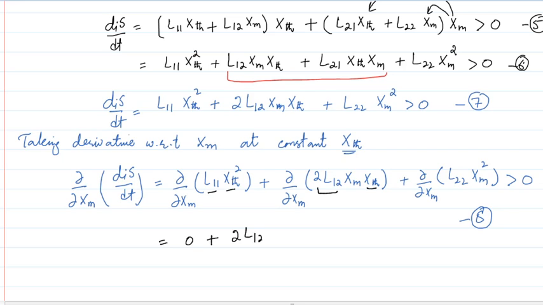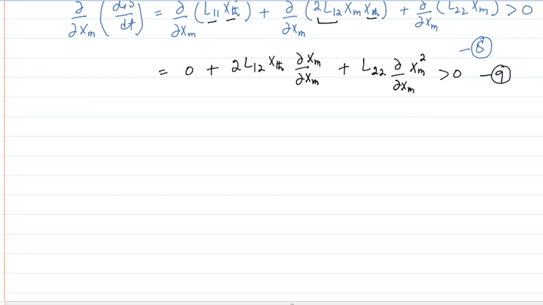We can write xth and it will be simply differential with respect to xm, so that means equal to 1. Similarly, for this case L22 is constant, we will take it outside and it will be dou upon dou xm, and this will be xm square, it will be greater than 0. This is equation 9.